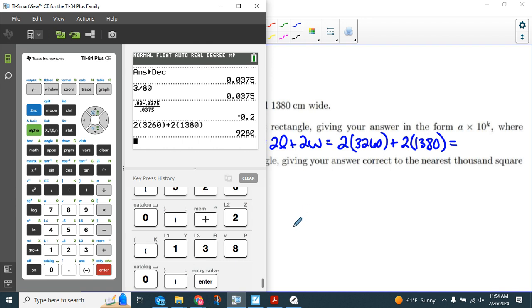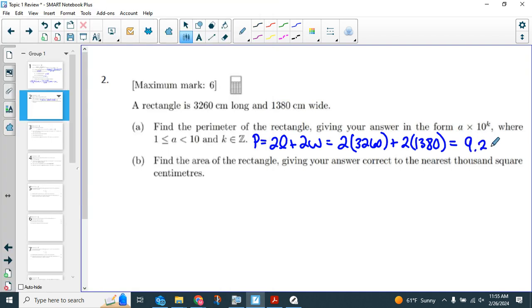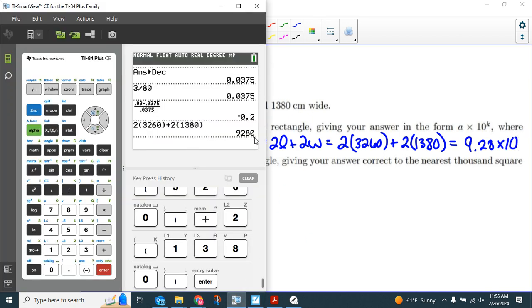All right, so that obviously is not in scientific notation, right? Of course, we could just know that that is 9.28 times 10 to the 1, 2, 3 power.